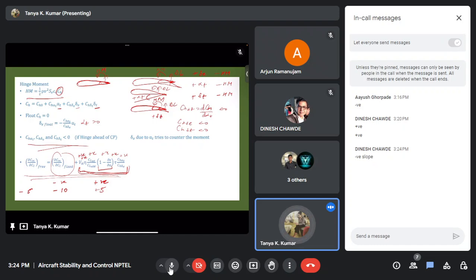So more negative, more stable. So is the stick fixed case more stable or the stick free case more stable?